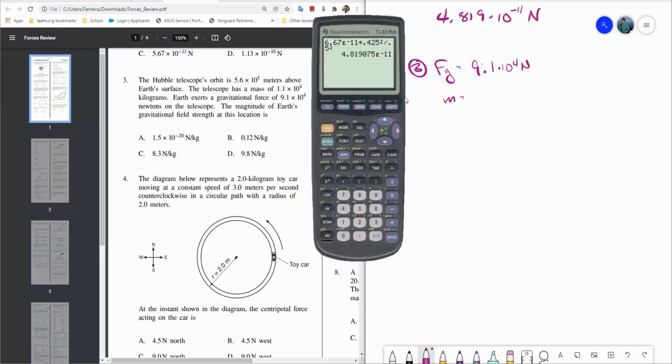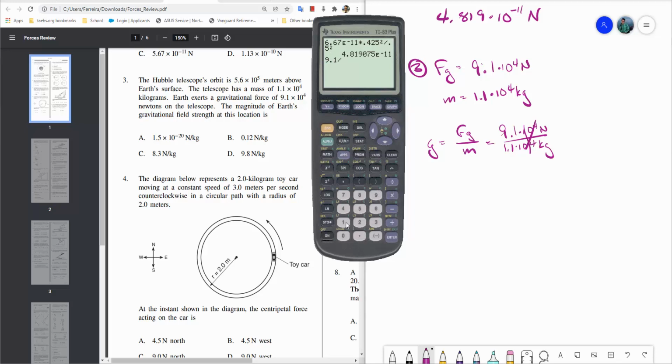The mass is equal to 1.1 times 10 to the 4 kg. So the gravitational field strength is equal to force of gravity divided by the mass, or 9.1 times 10 to the 4 newtons divided by 1.1 times 10 to the 4 kg. The 10 to the 4's cancel out.